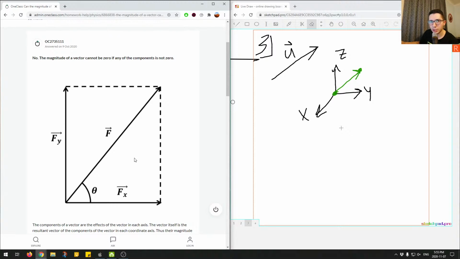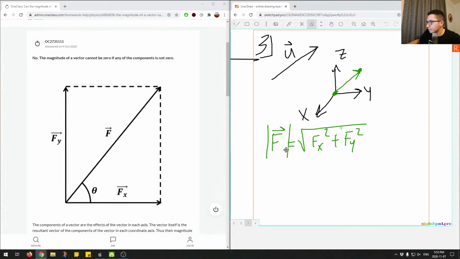Regardless of what direction it points in, every time we do this, we'll end up with a magnitude. And you can think of the force over here. If you were to calculate the magnitude, it would be the square root of fx squared plus fy squared. So that would be the magnitude of this force.